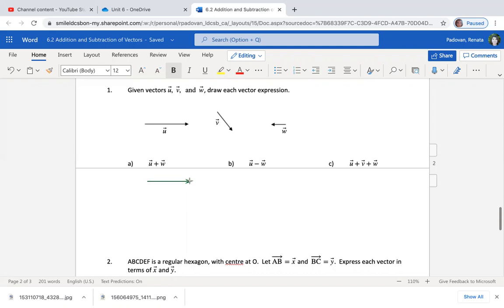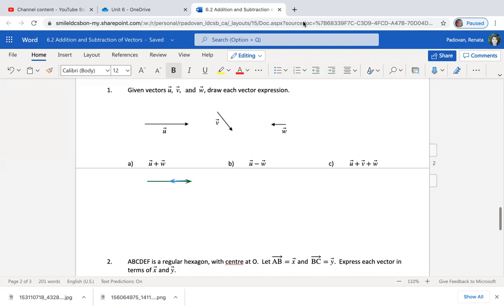And then from there, I start drawing the tail of vector w to where the head would be. So again, if I change the color here, and say that this is vector w, roughly, I'm just guessing that it's that size there.